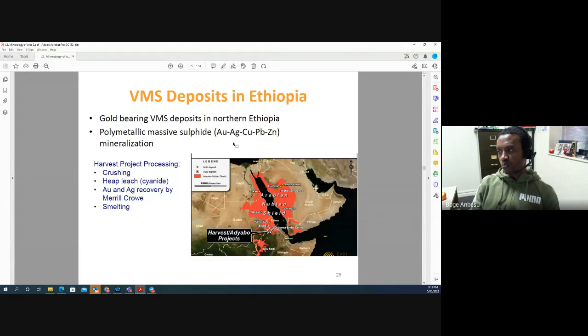Okay, so again, when you look at the VMS deposits and you have done a thorough mineralogical work on them, you should probably find that these are fine disseminations requiring slightly more complicated processing. But I looked at what they did for processing this type of deposit, and all they did was crush it, heap leach it with cyanide, and I think the idea there is to dissolve the gold and the silver.